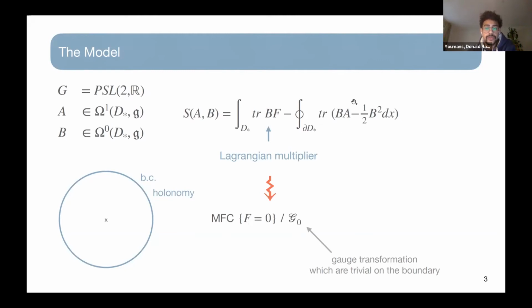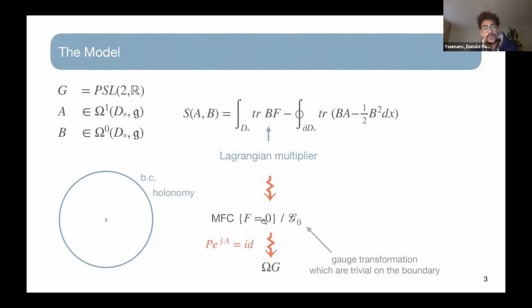This is because this boundary term, this BA term, is not invariant under all gauge transformations, so we have to take this normal subgroup. And we restrict to one more condition, namely that the holonomy of the connection around the circle, the boundary of the disk, is just the identity.